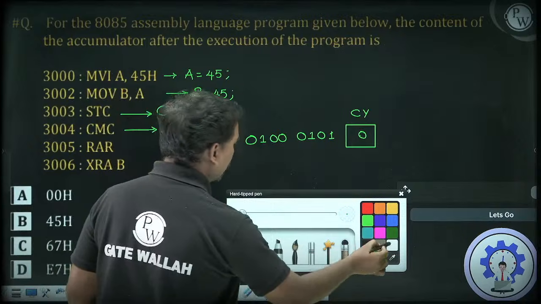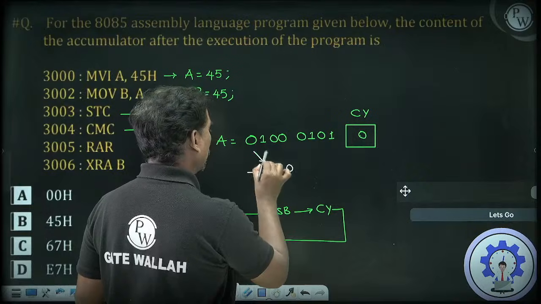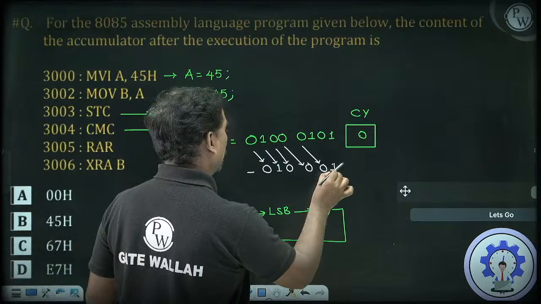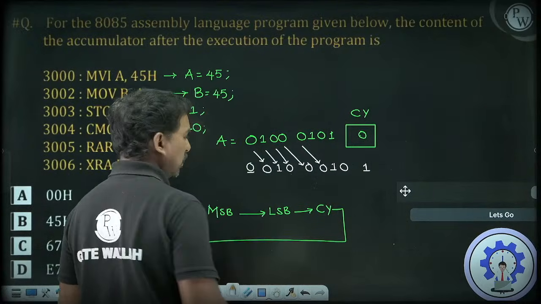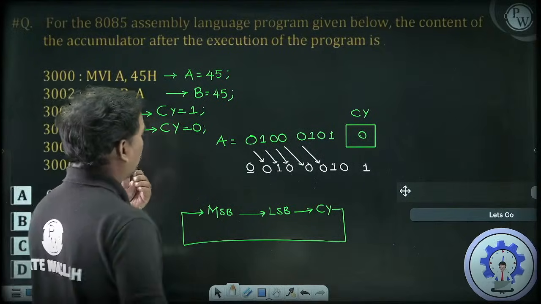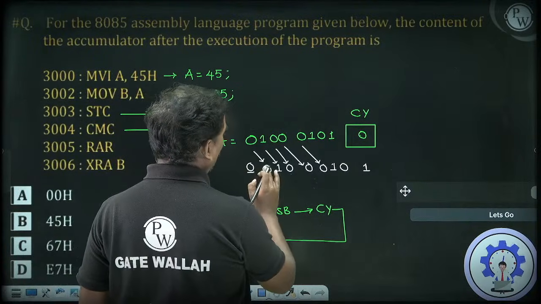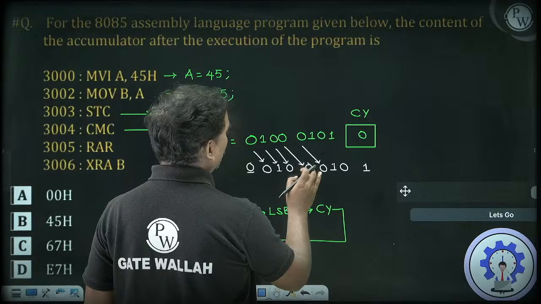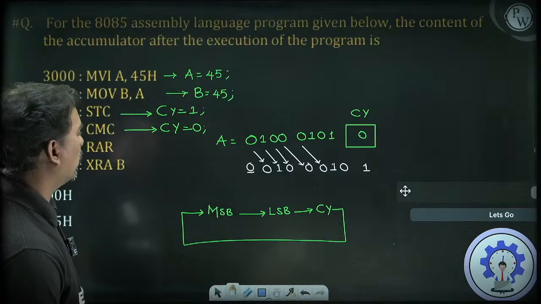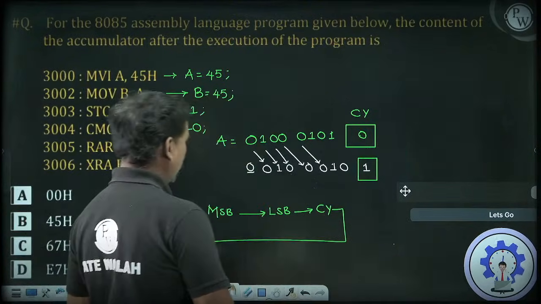So how will it happen? A is equal to 45, so rotation means 0 1 0 0 0 1 0 1 will come here, the carry will be coming here. So the answer is 22 here, and this is a carry. So 2, 2.